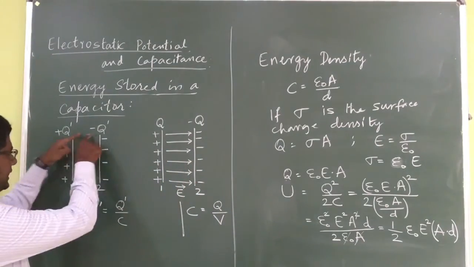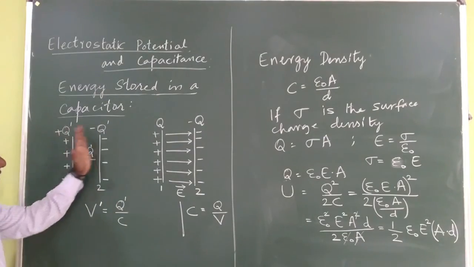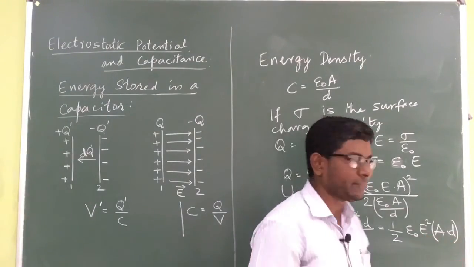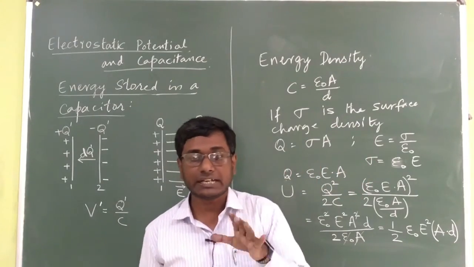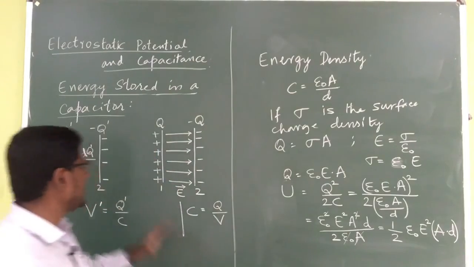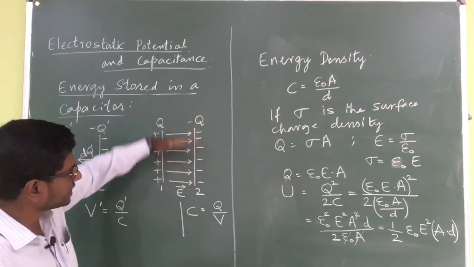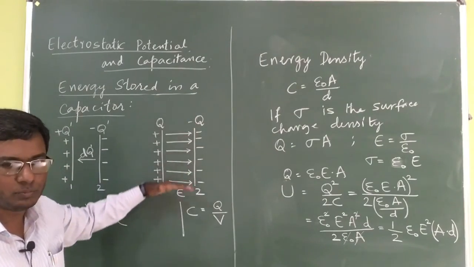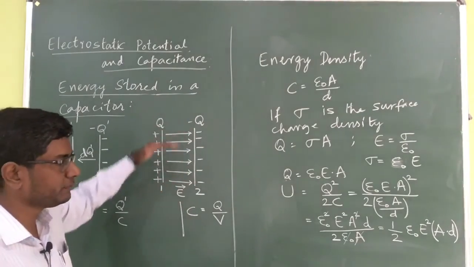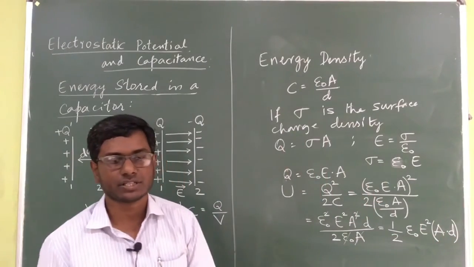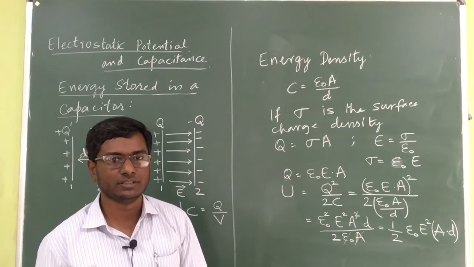So this entire space between the plates gives us the volume of the capacitor, the region in which that electric field is going to spread, completely filling up the space between the two plates, and that is given by the product of area and the distance of separation between the plates.